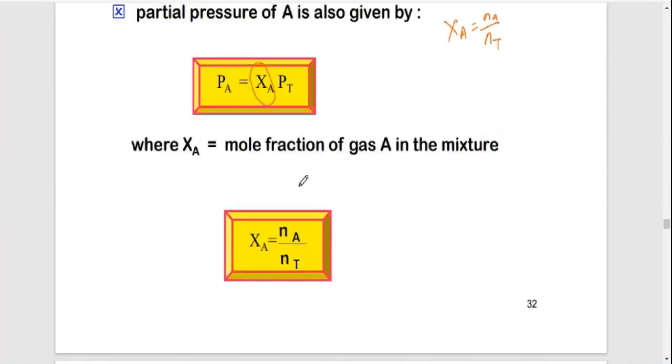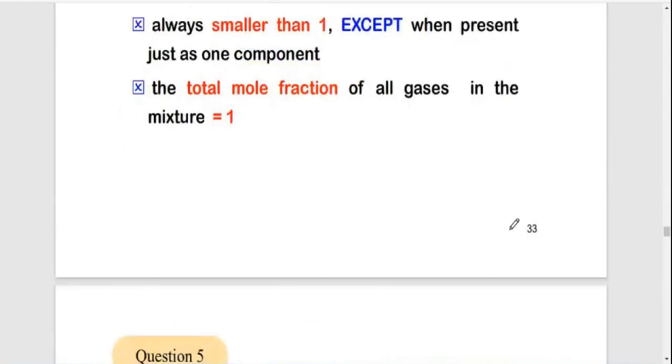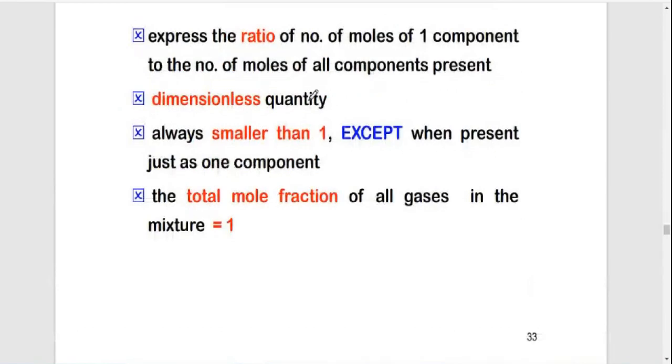If we substitute, PA will equal to nA over nT times PT. Always remember, theoretically, the sum is equal to 1, but in reality always smaller than 1 for the mole fraction.